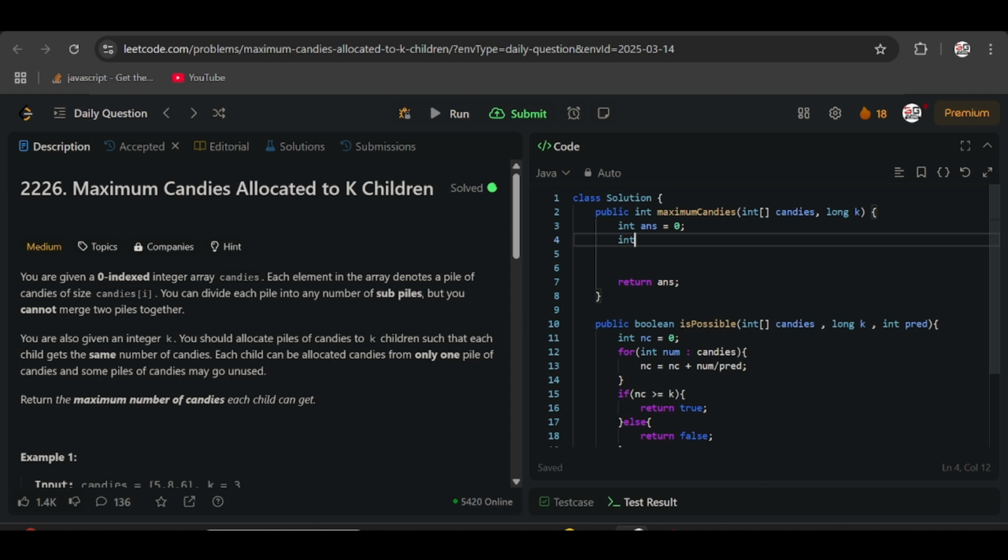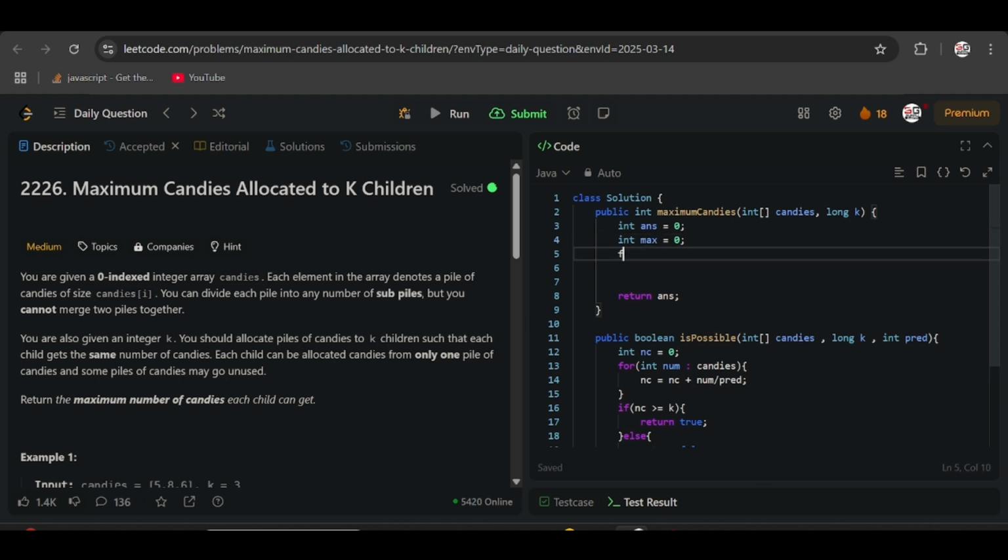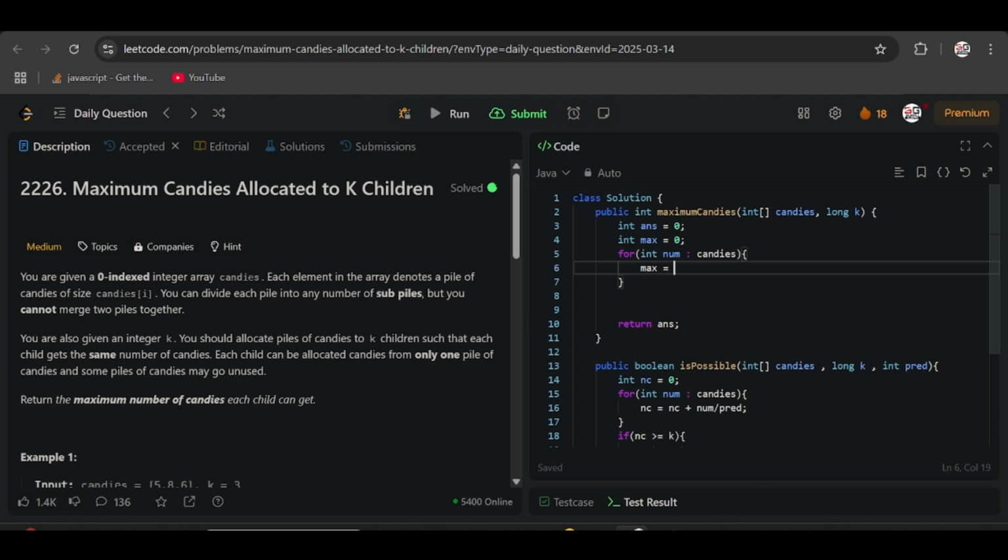We will say the maximum, initialize it with 0, and traverse the whole array. And just see who is maximum, the num in the array or the maximum. So whatever will be the maximum element of the array, it will just be stored in this variable.